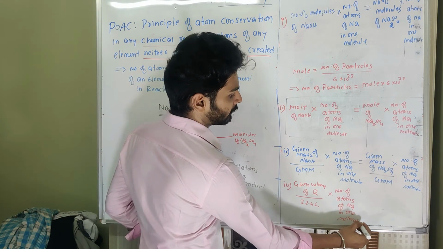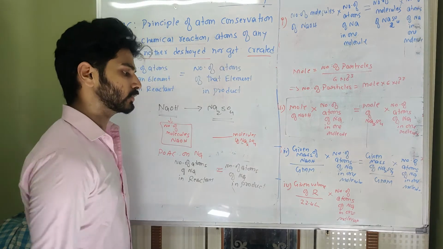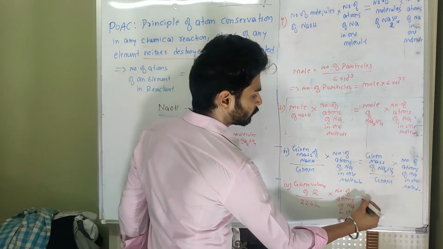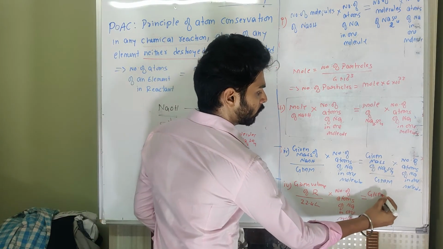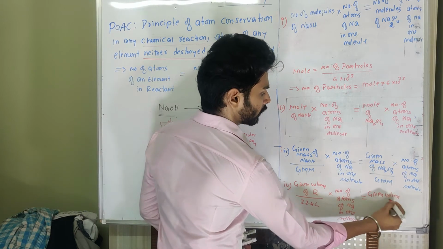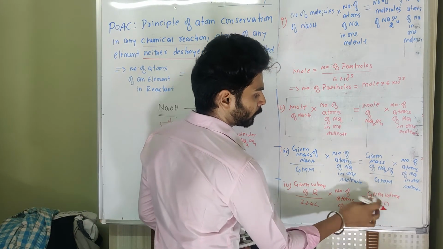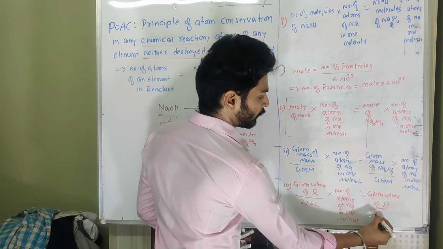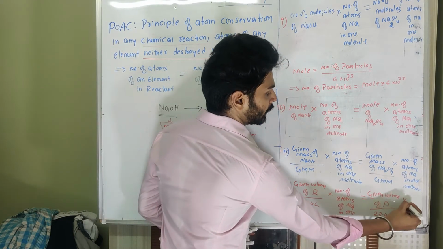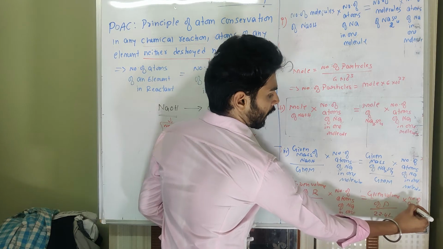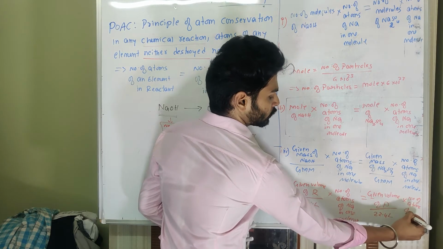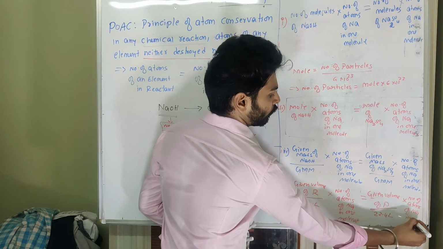If I multiply, then the number of atoms of sodium in that reactant is equal to given volume of product divided by 22.4 liter into number of atoms of Na in one molecule.